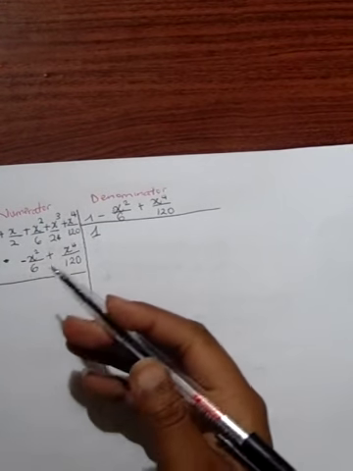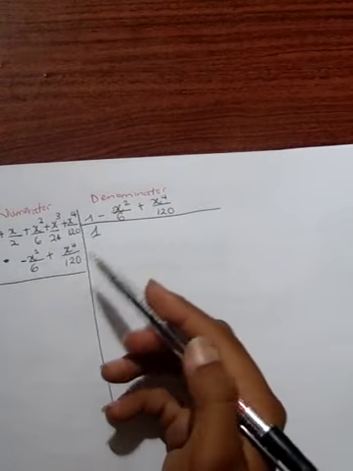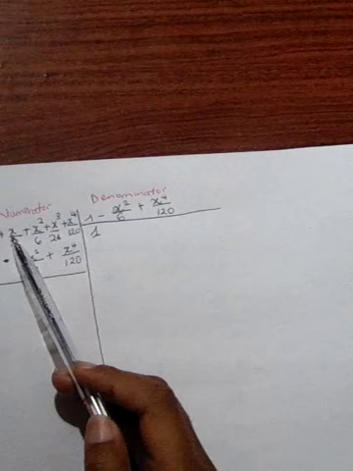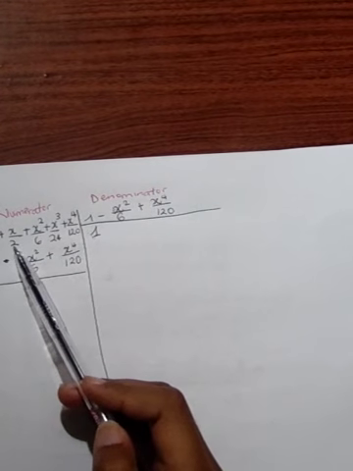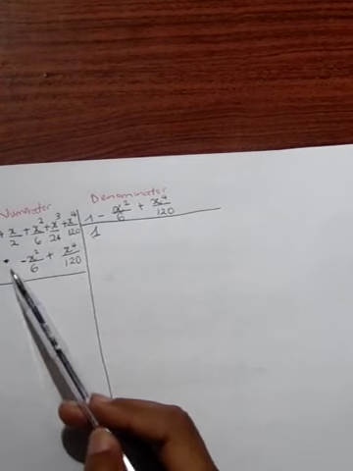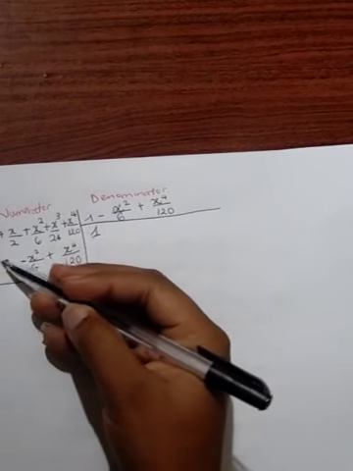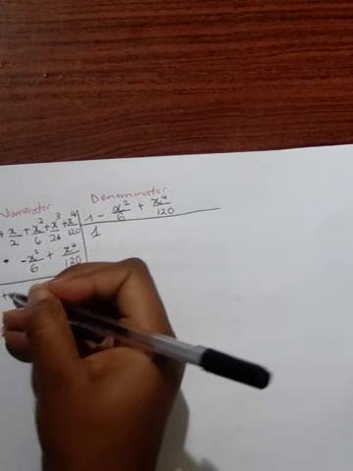Then x over 2 minus, there is nothing here, so we can call it 0, x over 2 minus 0 is still plus x over 2.